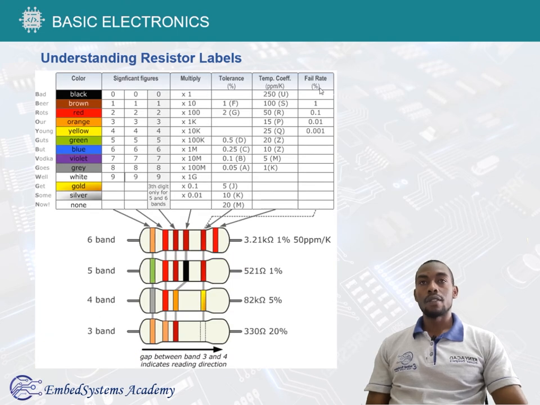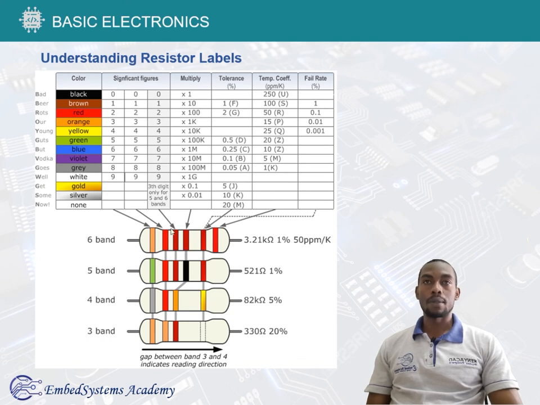So for instance, if we have a 6-band resistor, normally you will see a big gap between the bands, which indicates which direction you are going to read these bands from. So you always begin from the end with the most number of bands.